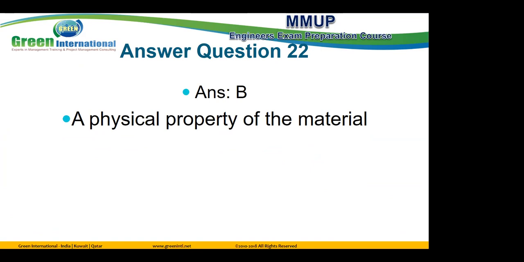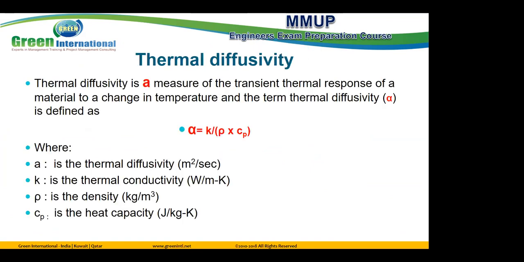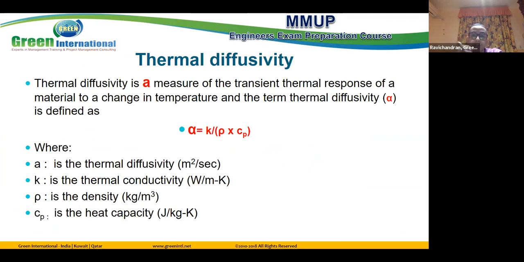Thermal diffusivity is something equivalent to kinematic viscosity, but kinematic viscosity is for flow, for velocity, and so on. Thermal diffusivity belongs to heat transfer. So what is thermal diffusivity? It is the thermal response of a material to a change in temperature, and is equal to this one.